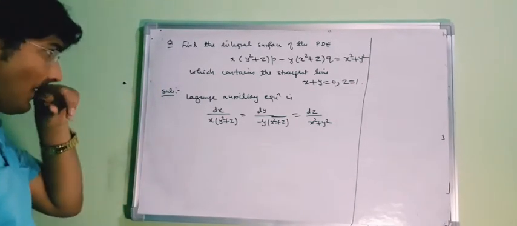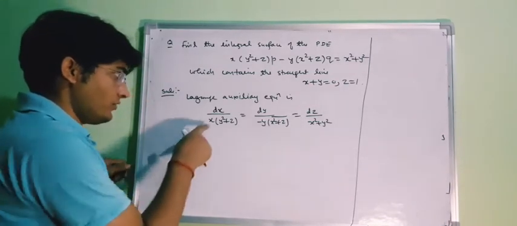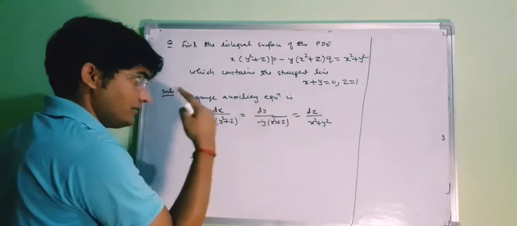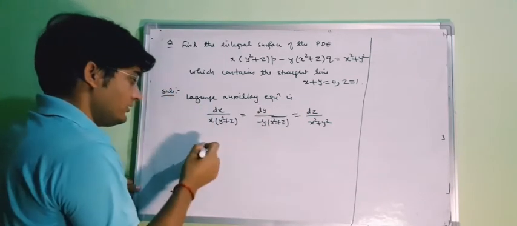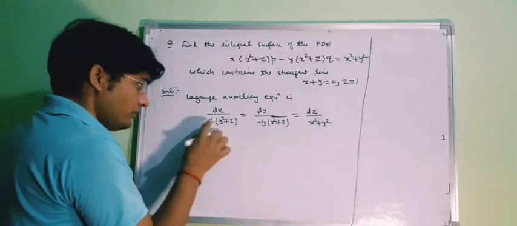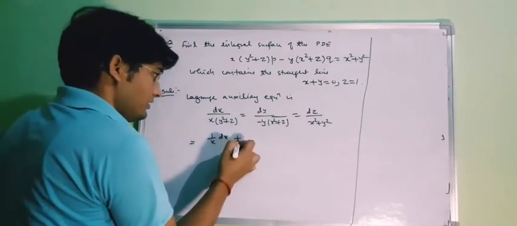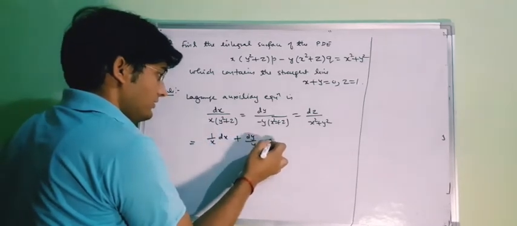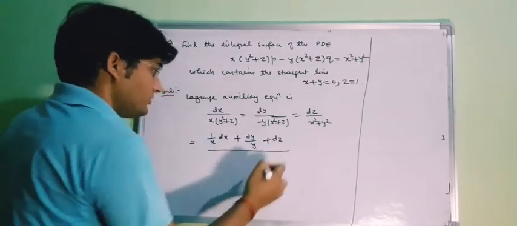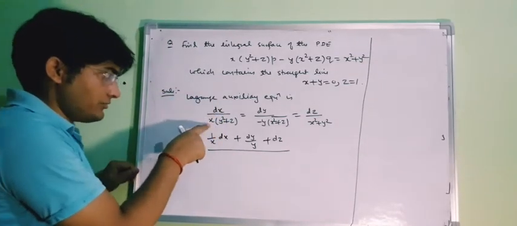Now let us take multiplier 1 by x, 1 by y and 1. So now you can see that all of these three terms will be equal to dx upon x, dy upon y and dz.